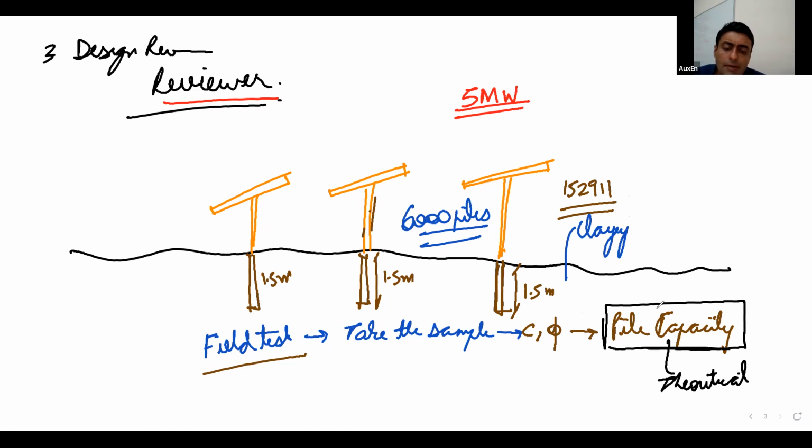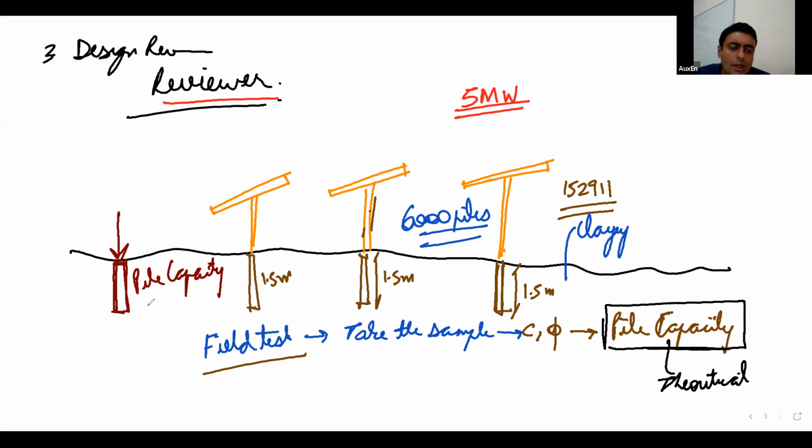Okay, then what they do is, once these theoretical capacities are worked out, then they will go to field, they will cast an actual pile, we will call it the test pile. So they will cast an actual test pile, and then they will test it, and then they will get some pile capacity from field.